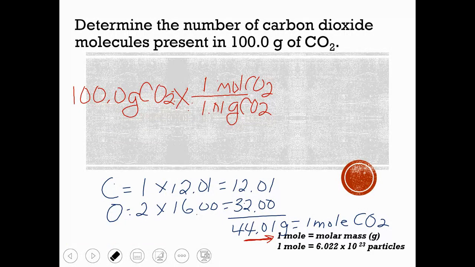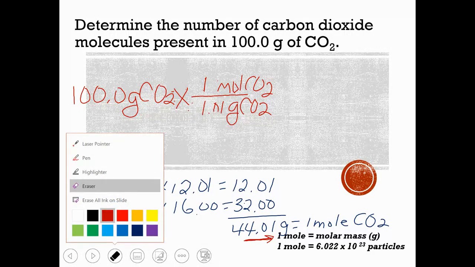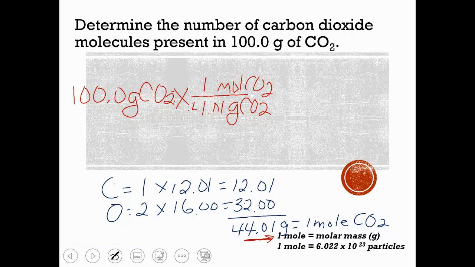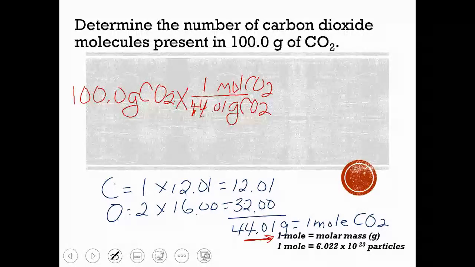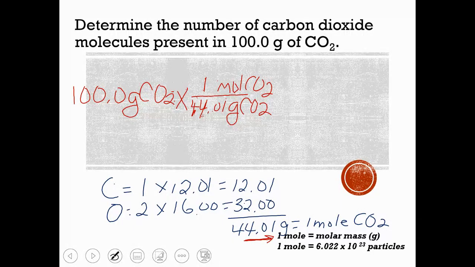That's what this little problem at the bottom was about, finding the molar mass of the compound. Let's go back to this. It should say 44.01. That's what should be in there. There we go. A little bit better.